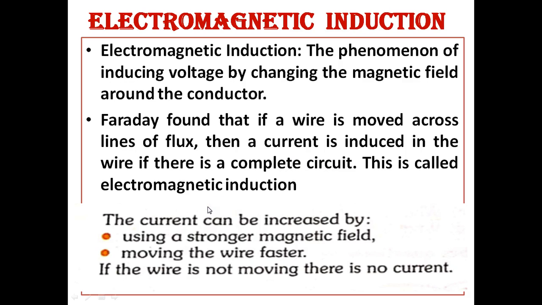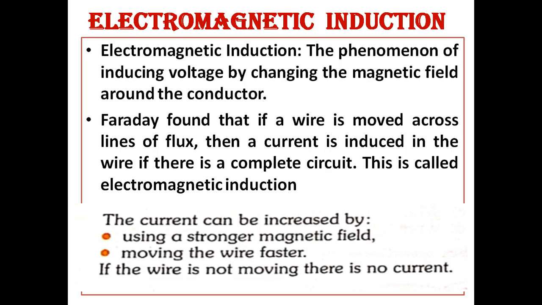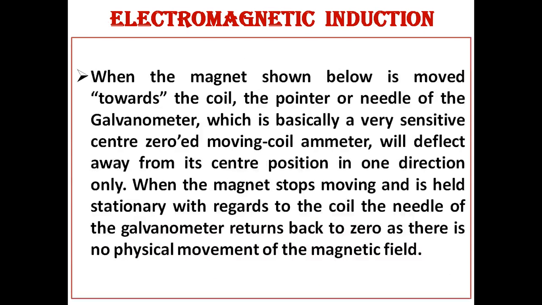The current can be increased by using a stronger magnetic field, or by moving the wire faster. If the wire is not moving, there is no current.